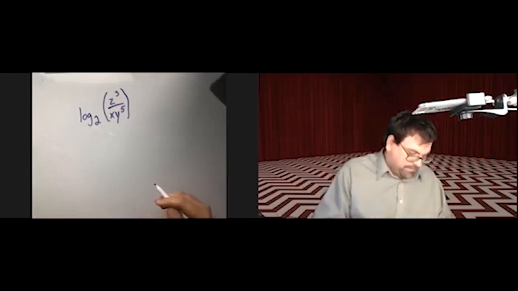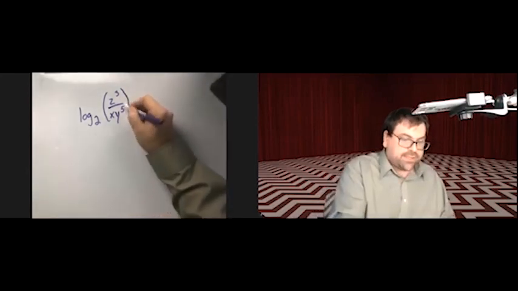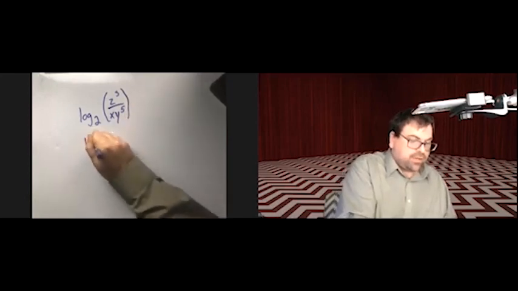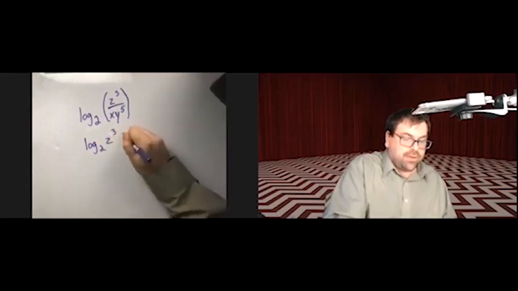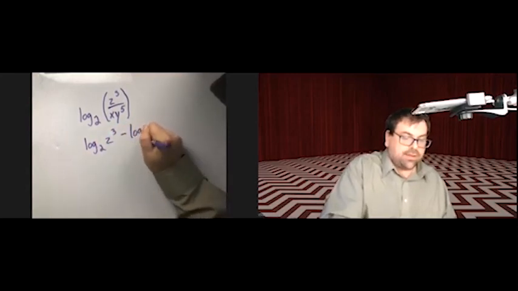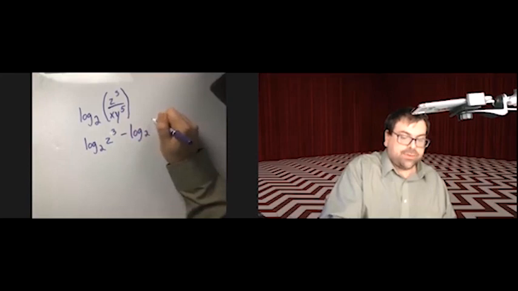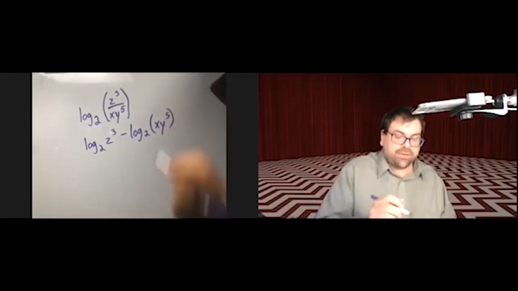This quotient means that we have log base 2 of z cubed minus the log base 2 of x, y to the 5th.